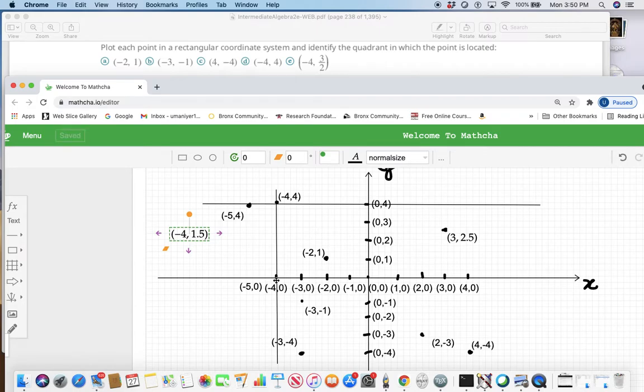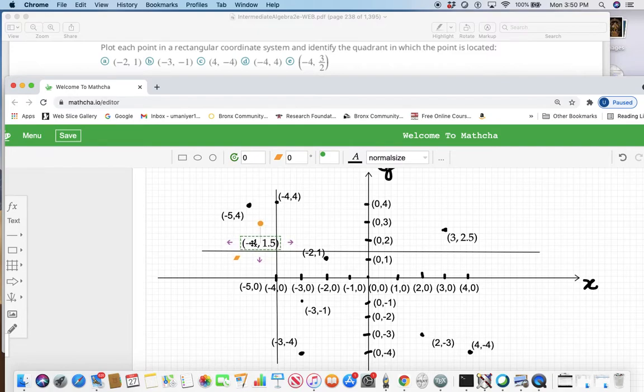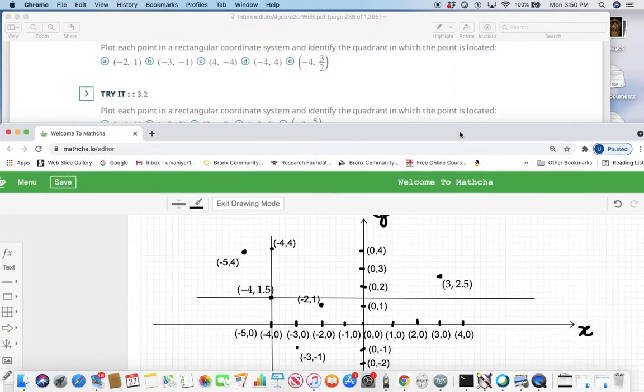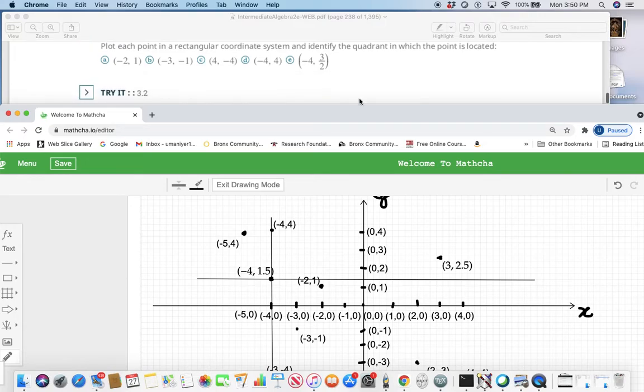So that's your x coordinate, negative 4. Y coordinate should be 1.5. So on the y-axis, you want 1.5. So that's your point. All right. So that completes problem 3.1.